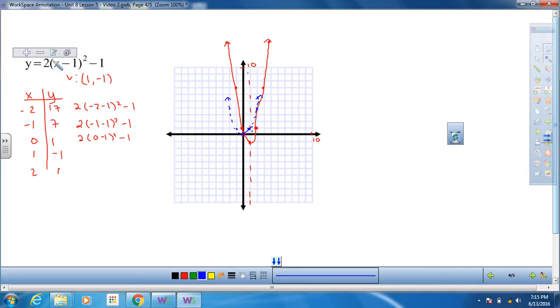So actually this 2 makes it narrower than the parent function. It stretches it, so it makes it narrower than the parent function. Okay, so we talked about that. And then it also shifts right 1, down 1.